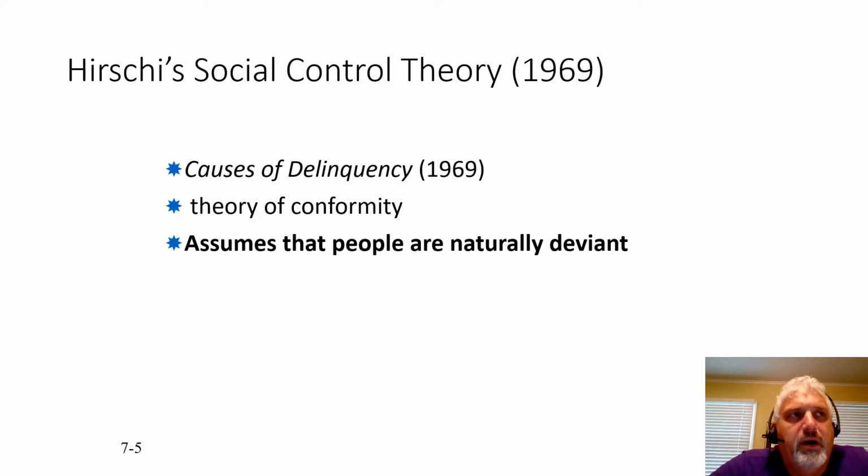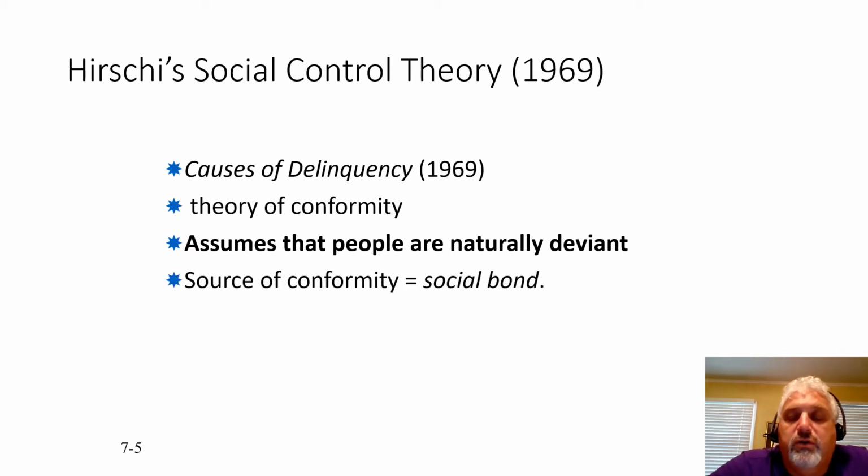Whereas we've thought about people as being basically good, but get into crime because they have to innovate, or they hang around with the wrong people, this theory starts with a basic assumption about human behavior, that people are naturally deviant, and given the choice and given the opportunity, they're going to cheat, they're going to steal, they're going to engage in deviant behavior.